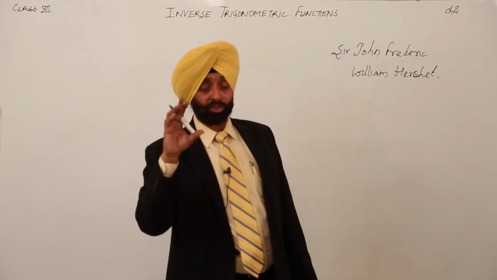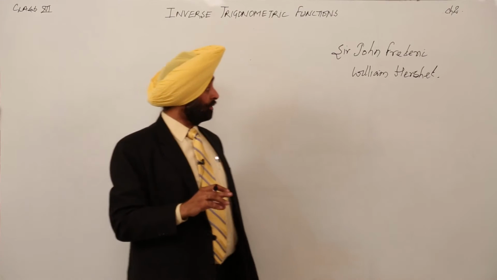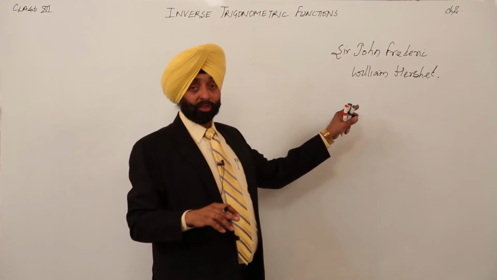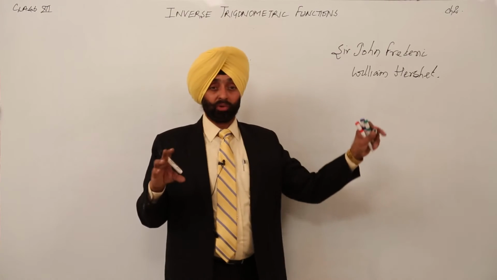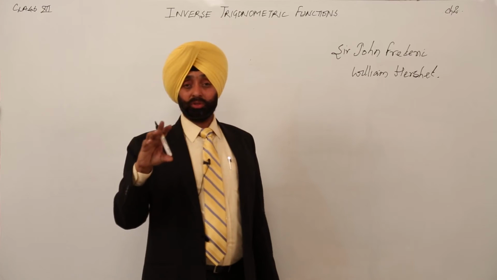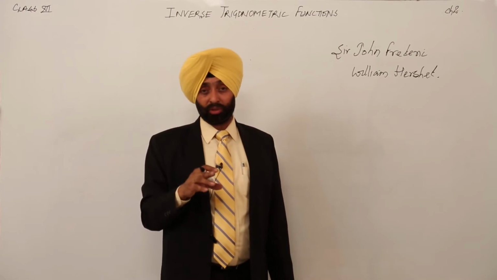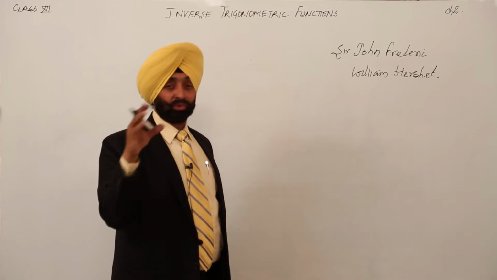If we do some restrictions on the domain and range, then we can find the inverse of the functions. He was the first English mathematician to do this, and he had a lot of qualities. He was a polymath, mathematician, astronomer, chemist, inventor and experimental photographer.